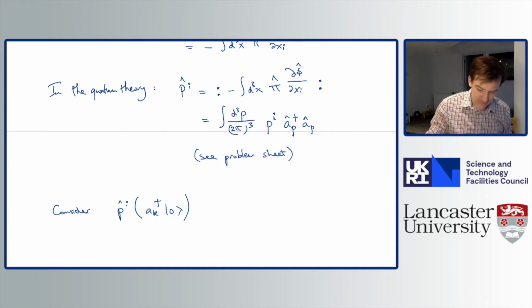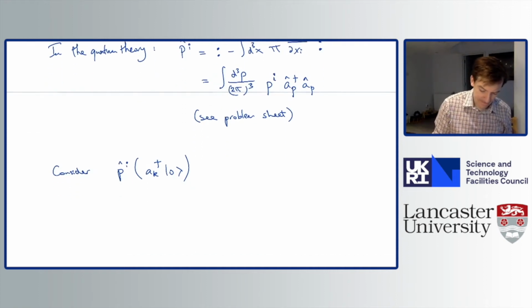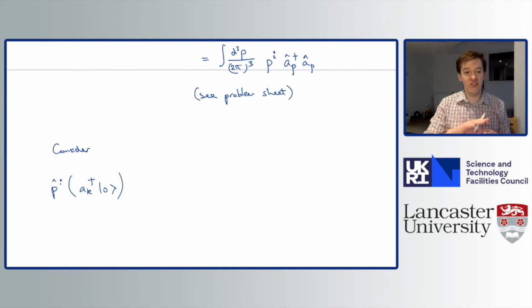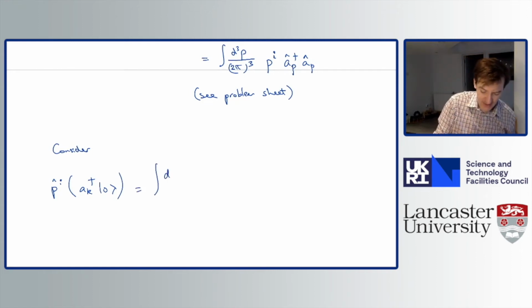So again, I would like to show that P acting on this state really does return the momentum of the state, that this really is the momentum operator. So let's go ahead and do that by using the definitions.